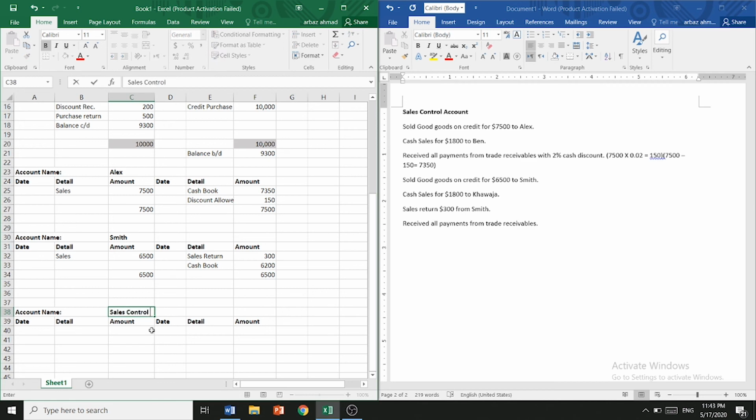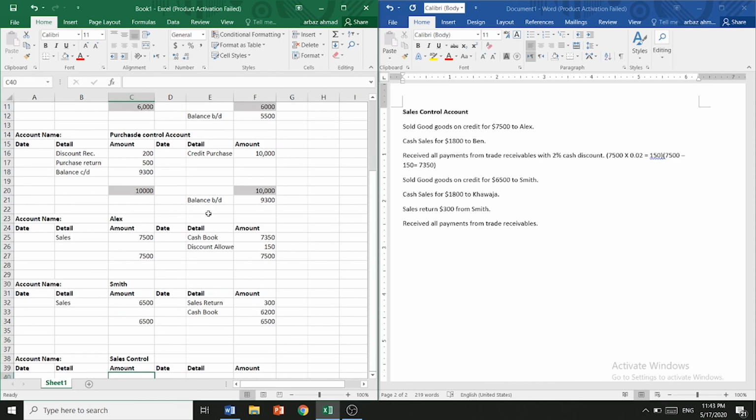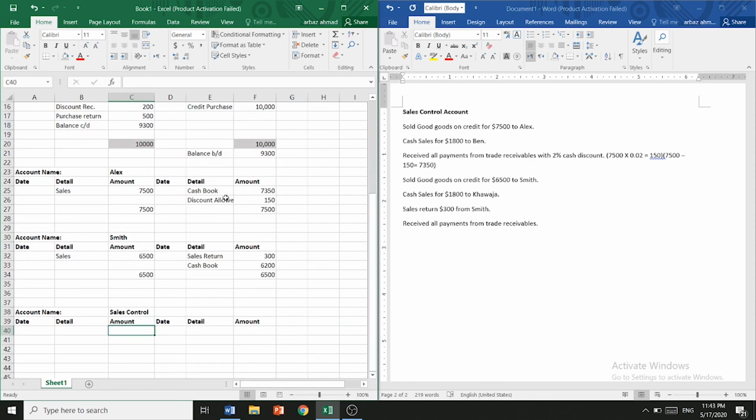And what happened in this is also something similar to what happened in purchases. So all my trade receivables, I will take the total of trade receivables and combine them. So credit sales, let me specify this is credit sales. I'll take the credit sales and total this 7,500 plus 6,500, and that will be, let me calculate that, that will be 14,000.